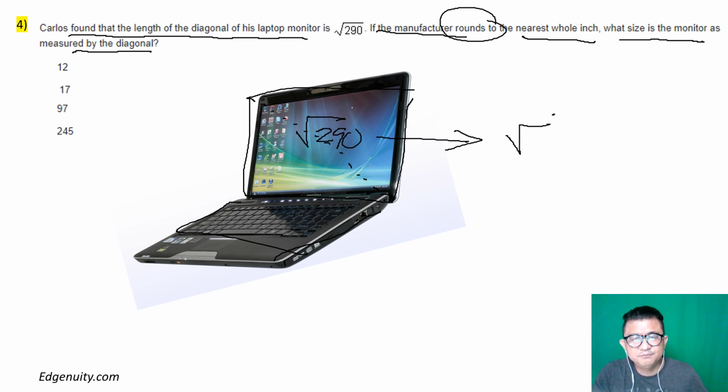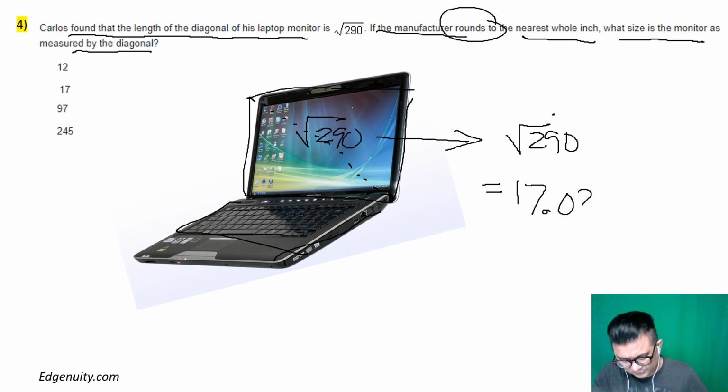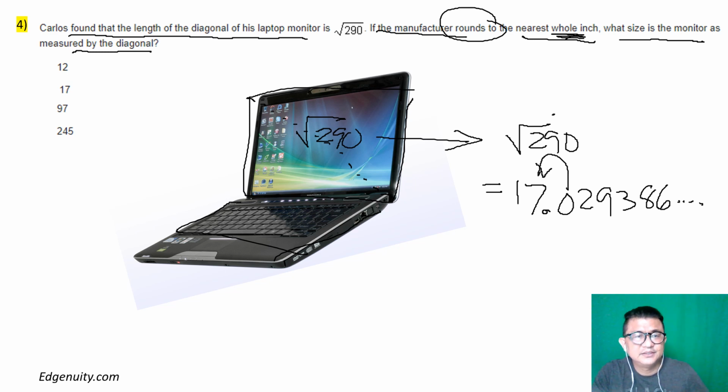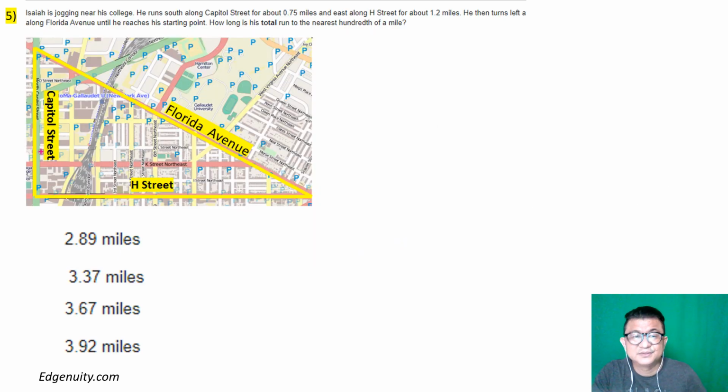Simply plug it in your calculator and you get 17.029386. Nearest whole inch, so it's 17. No need to use the formula because you already know the hypotenuse.